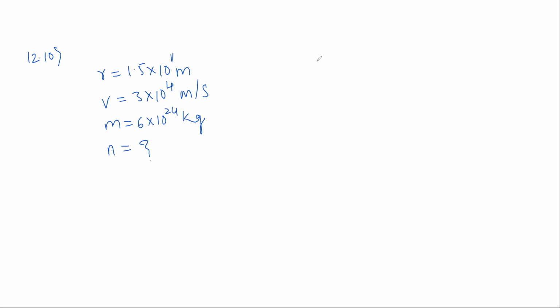So according to Bohr's quantum condition of angular momentum of Earth around the Sun, it is given by the formula mvr is equal to nh divided by 2 pi.